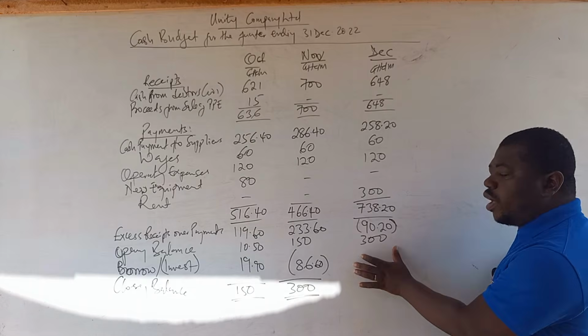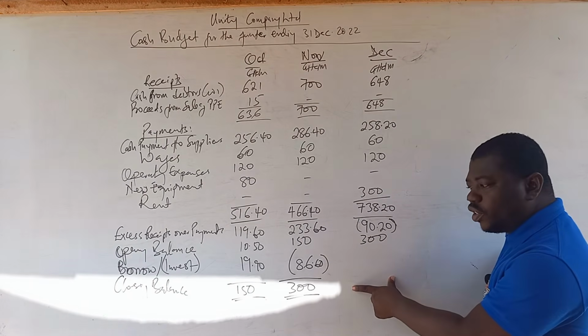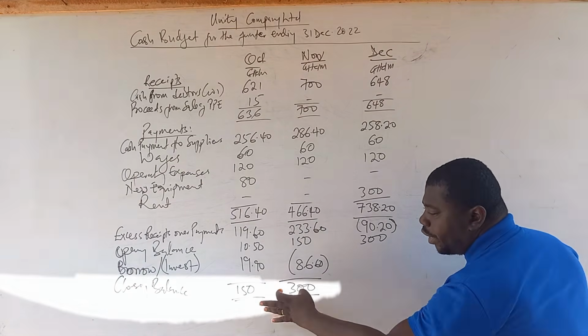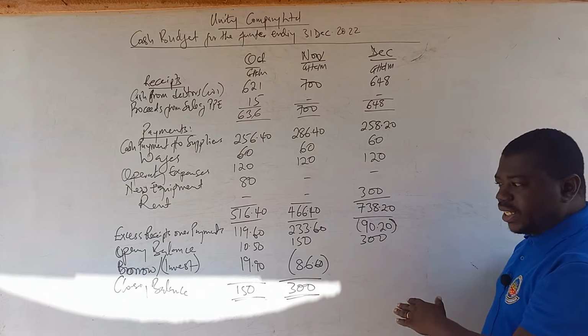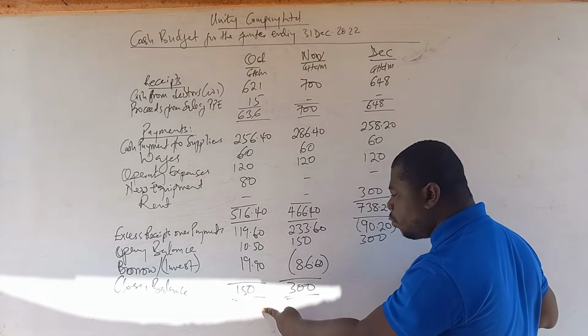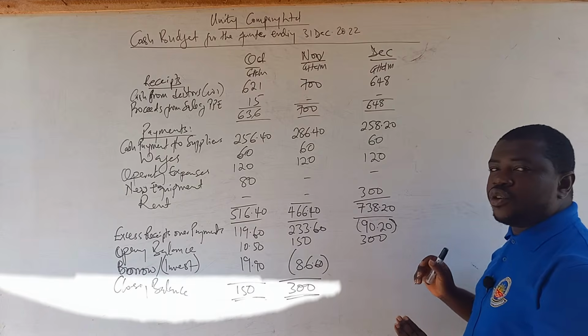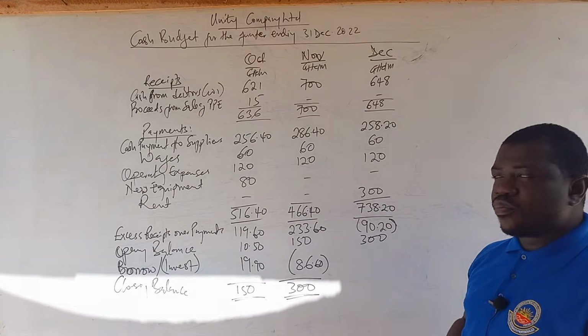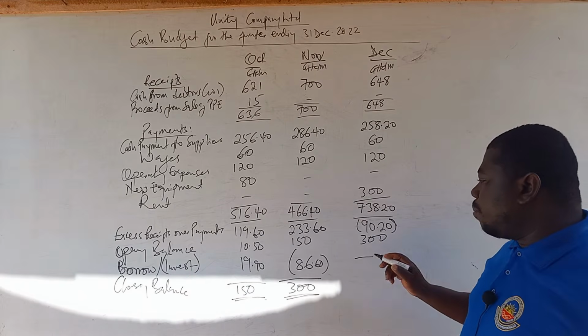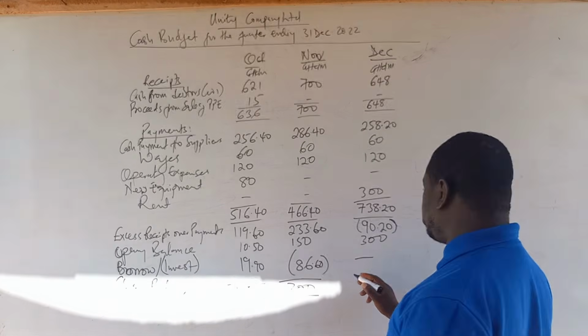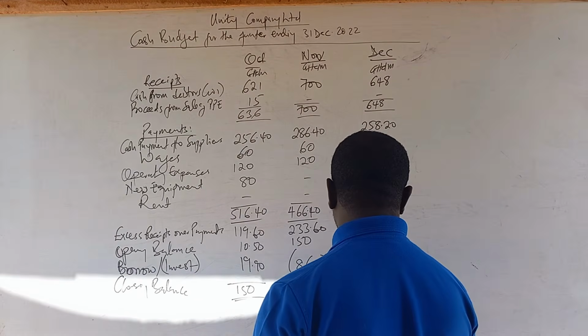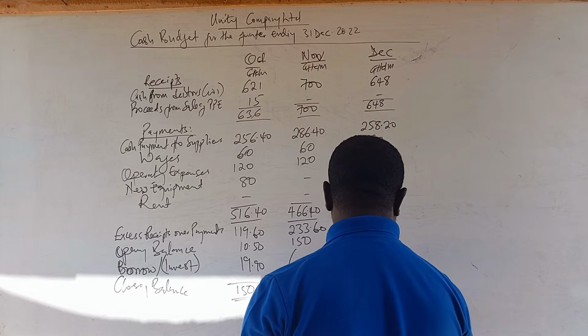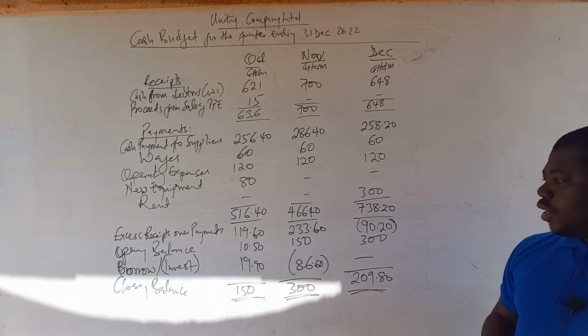Now, this 209.80 that we are going to get as closing balance is within the range. It is below the maximum and it is above the minimum. And therefore, in this month, there is not going to be any borrow or invest. So in this month, the borrow or invest column will be dashed, and our total is going to be 209.80 as the closing balance.